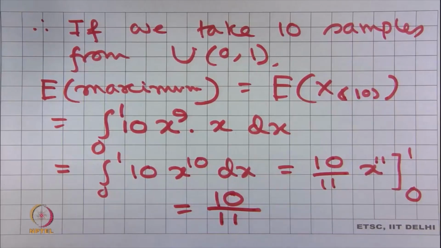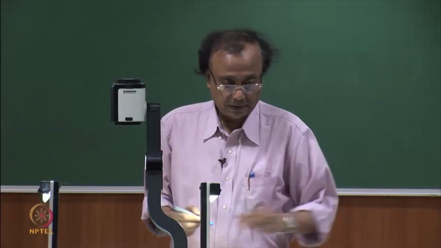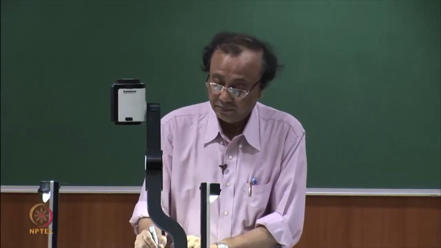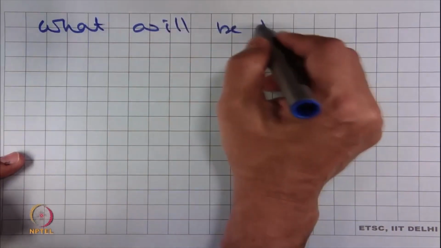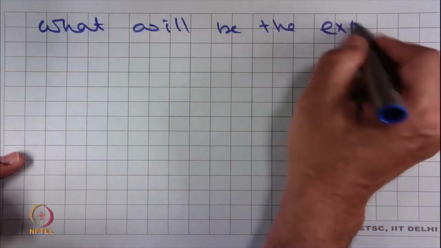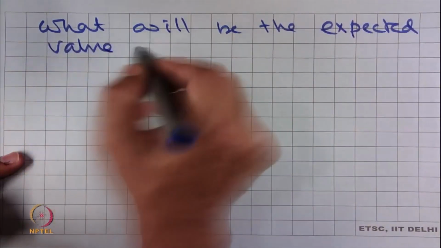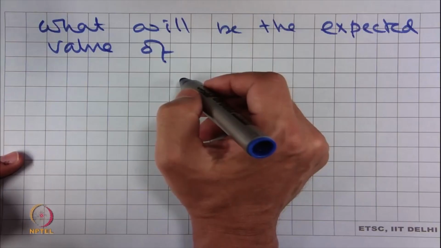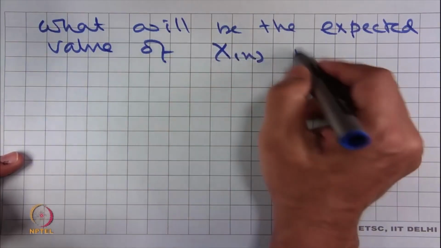Can you from here guess what will be the expected value of Xn in general?